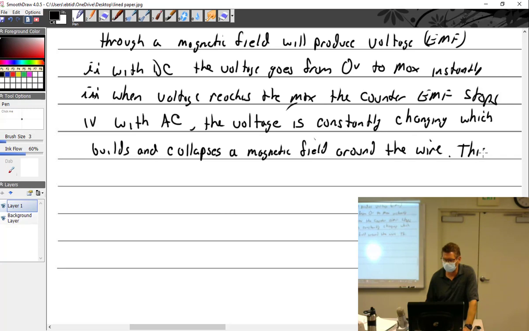Important point, this creates an EMF that counters the flow of electrons.